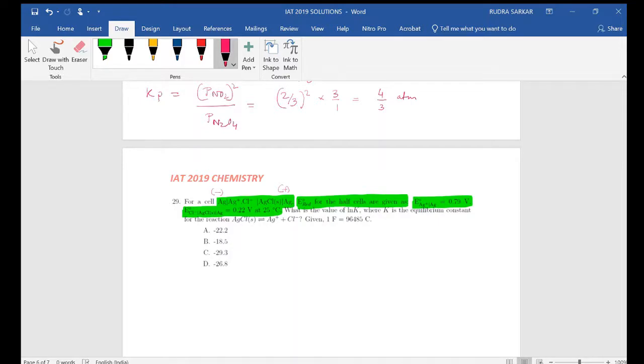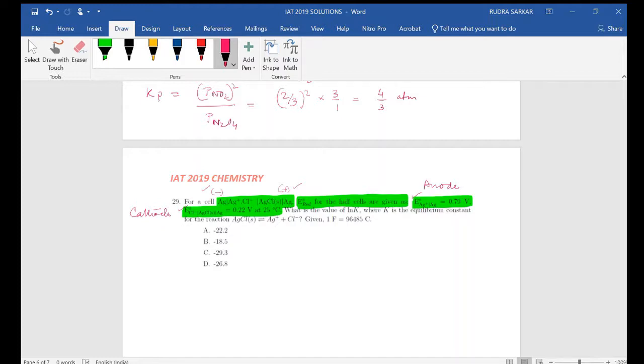That is what has to be borne in mind. So if that is the cathode, this is the cathode and this is the anode, so for our calculation, this is our anode reduction potential and this is our cathode reduction potential, okay.